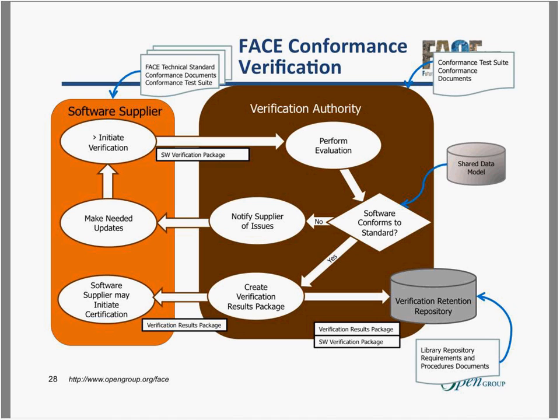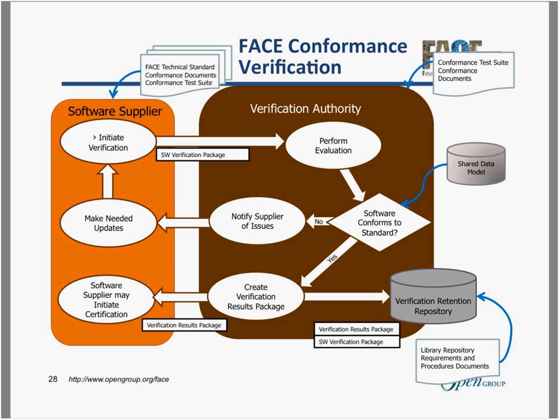But if we look at this, we can see that the software supplier, who established that relationship with the verification authority, submits their software verification package, which contains some paperwork, some compiled object code for the test environment, and some instructions on how that was made and how it would run with the test suite, so the verification authority can do that.